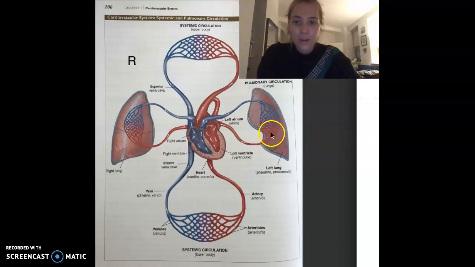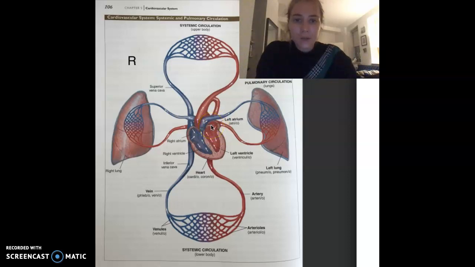At this point, the oxygenated blood moves from these capillaries into very small veins called venules, and then into the left and right pulmonary veins. The pulmonary veins bring blood back to the heart, and they enter into the left atrium, which is right here.